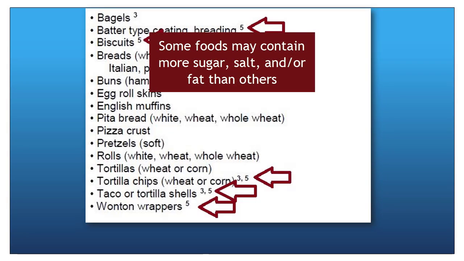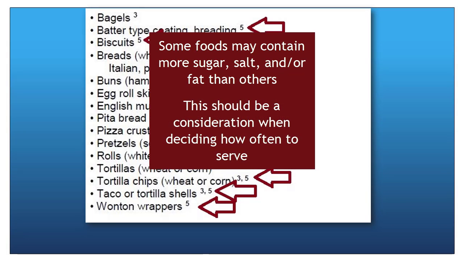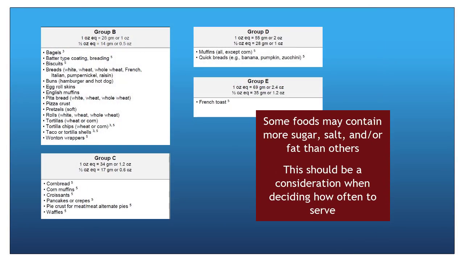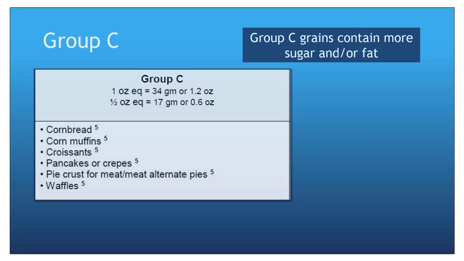Some foods may contain more sugar, salt, and/or fat than others. This should be a consideration when deciding how often to serve. Groups B through E have grains identified with this footnote. Group C includes items with more sugar and/or fat, so the serving size needed to provide the required amount of grain is larger.